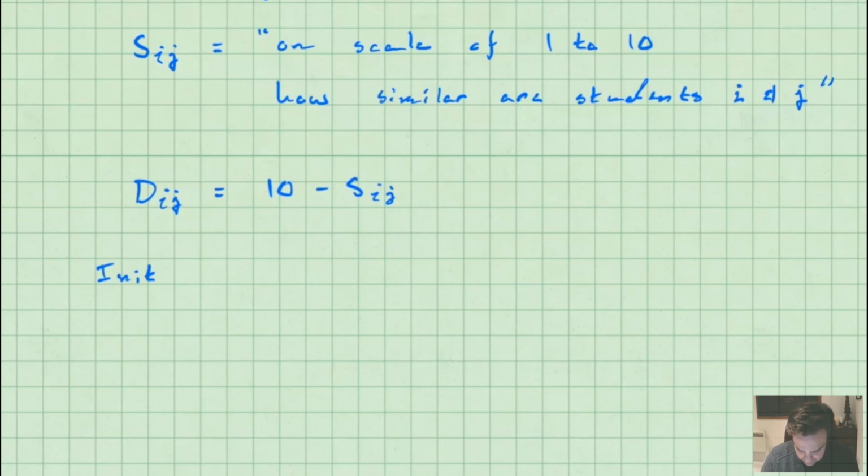So your initial or given matrix D is sometimes called the matrix of dissimilarities or the matrix of proximities.